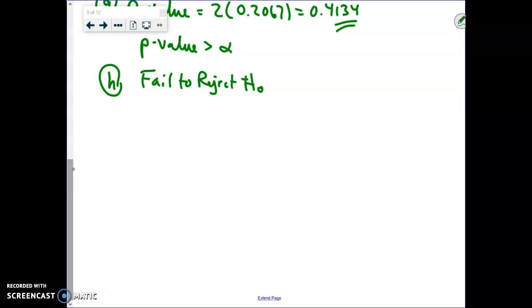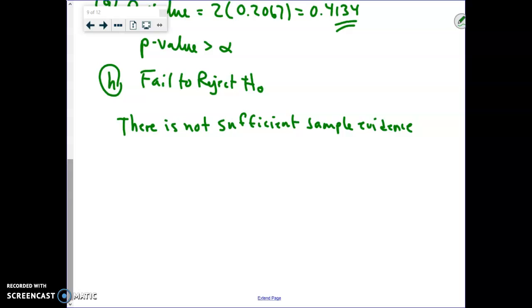So what we're going to say is there is not sufficient sample evidence, and you can just say sufficient evidence if you want, to state that the percentage of M&Ms, and why I said percentage, even though it's proportion, is that our original statement that Mars made was in a percent form.